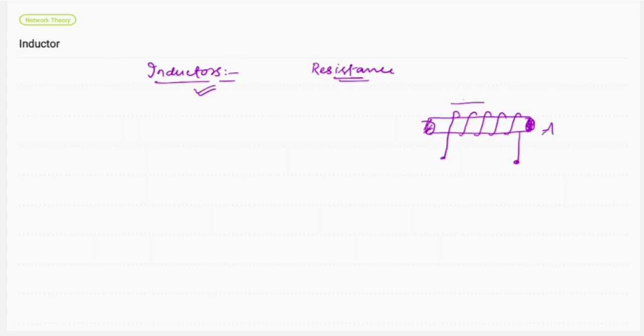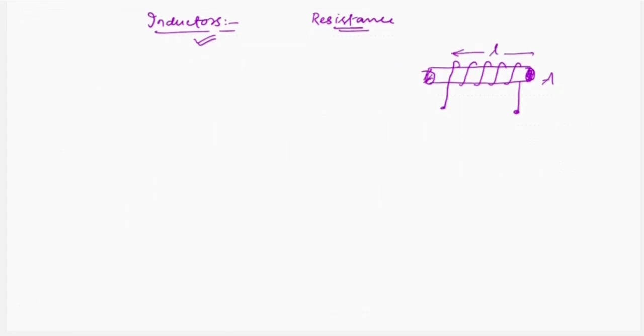Let L be the length up to which this conductor has been wound, A be the area of cross section and N be the number of turns that has been wound.